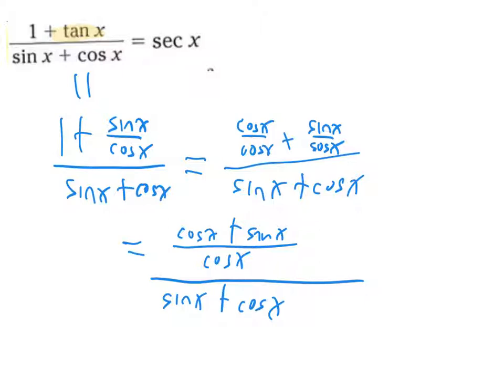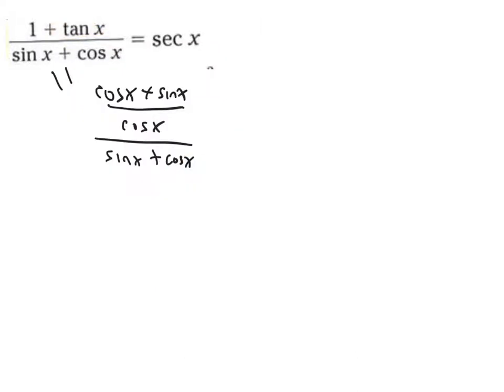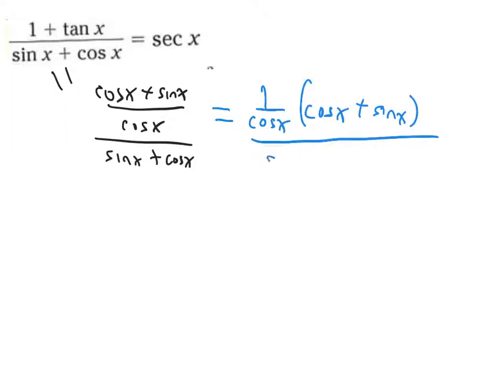What we're going to do next is factor out stuff on the top and then see if anything cancels. So we'll pull out the cosine x in the denominator, so I have 1 over cosine x, and that leaves us with cosine x plus sine x in the numerator, and on the bottom we have sine x plus cosine x.